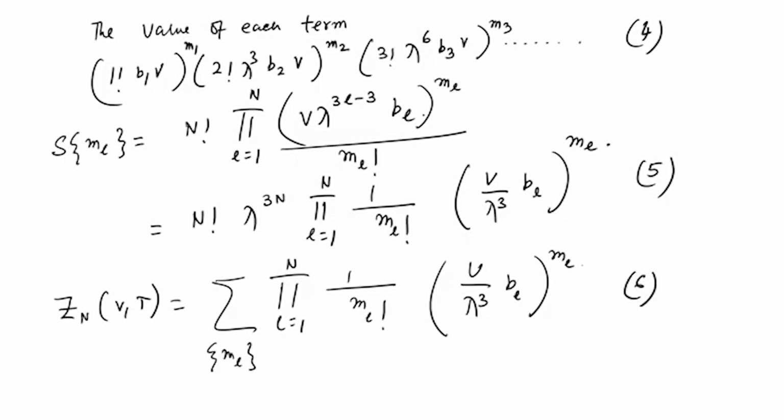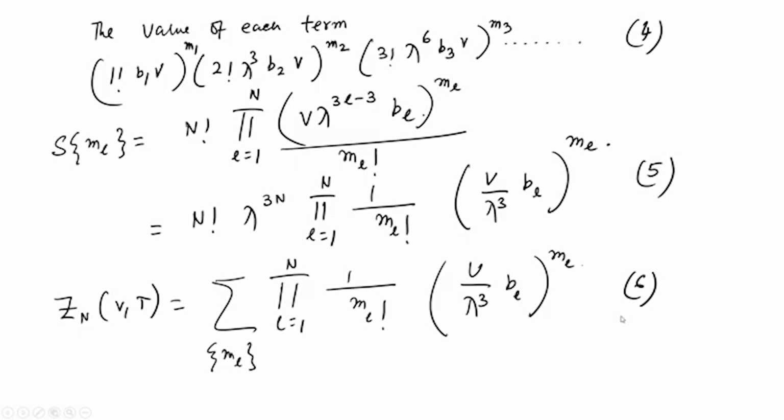So, we have been able to calculate as a sum over these set of integers m_l, and this can be actually expanded to get term by term correction to the non-interacting partition function that we have seen earlier.